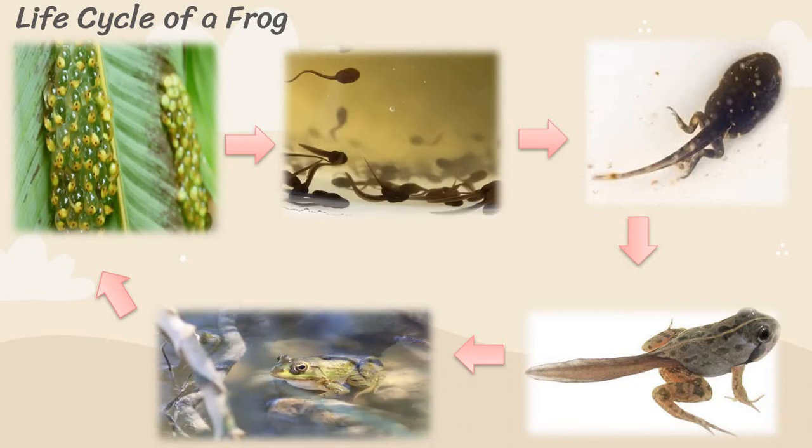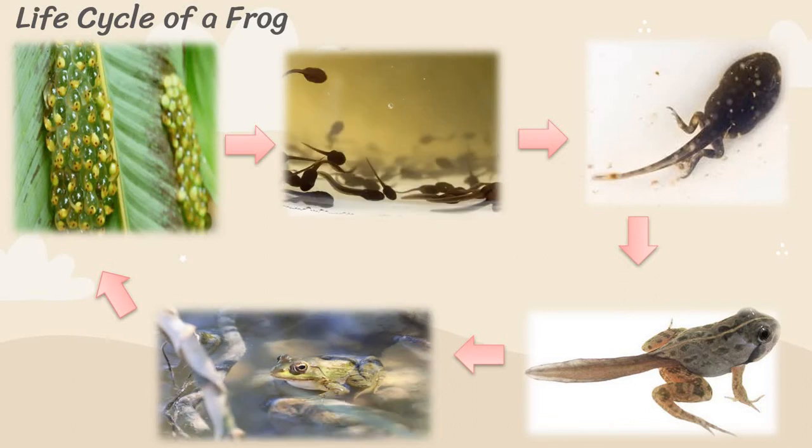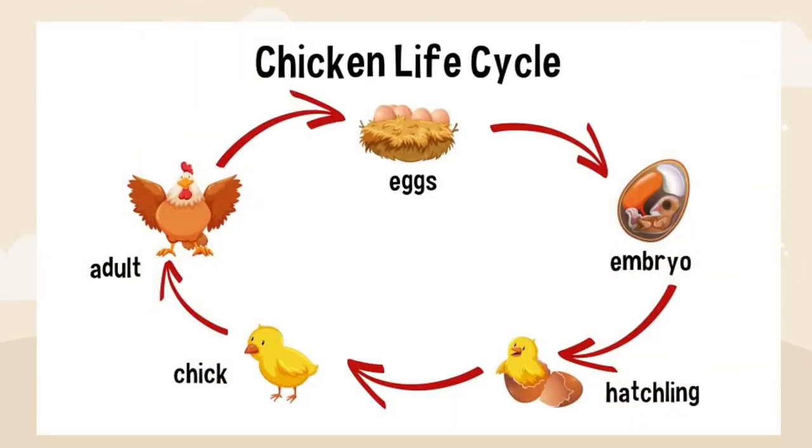Let's proceed to the life cycle of a chicken. Every chick begins as one fertilized egg. When the sperm cell from the rooster unites or joins with the egg cell from the hen during fertilization, a fertilized egg or a zygote is formed.